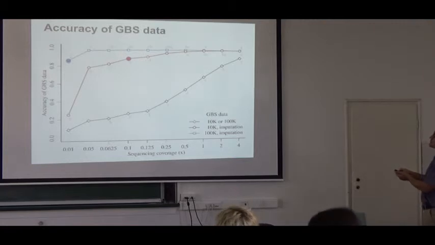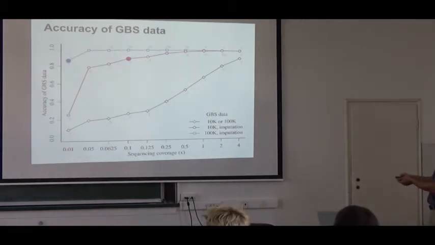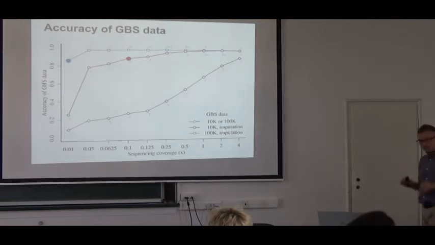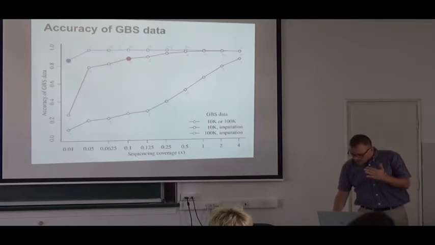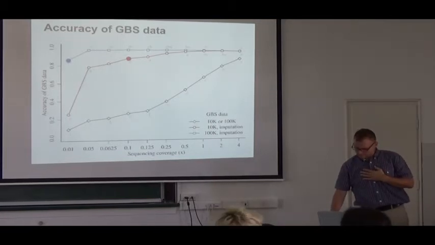Please focus on these two points, 0.1 and 0.01. You see that they have pretty much the same accuracy of the data after imputation, and they are 10 times different in coverage, but also the number of markers is roughly 10 times different. So you kind of see that the relationships are approximately linear.